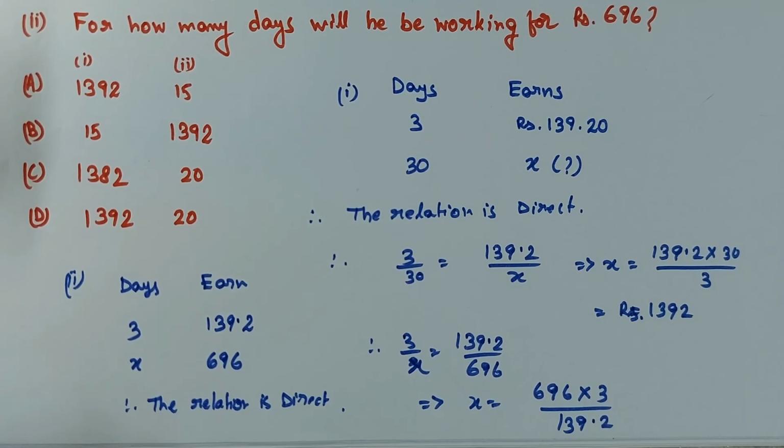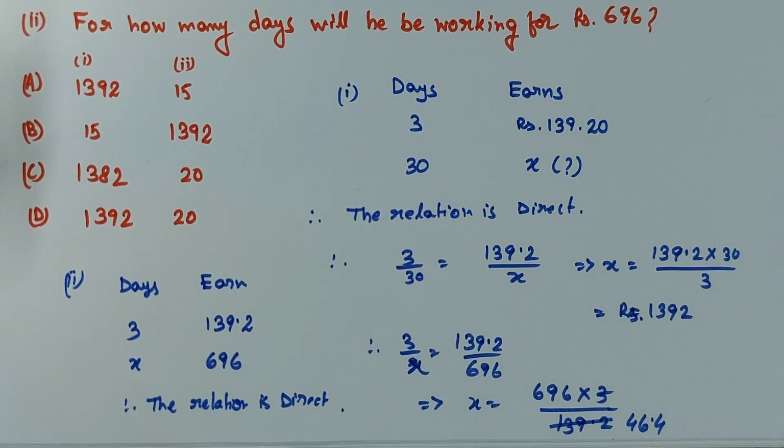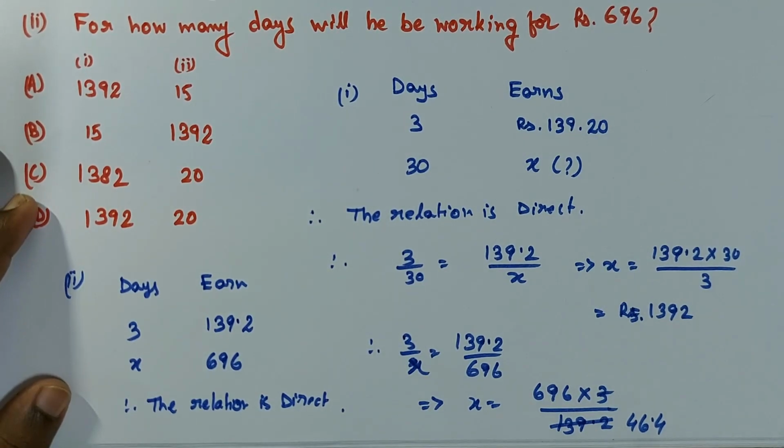Now if we need to calculate this, if I divide 139.2 by 3, then it is 46.4. Now 696 is to be divided by 46.4. This division we will do in the rough.